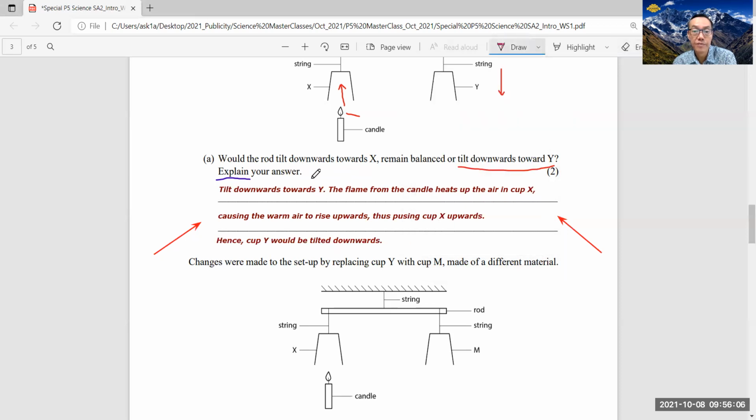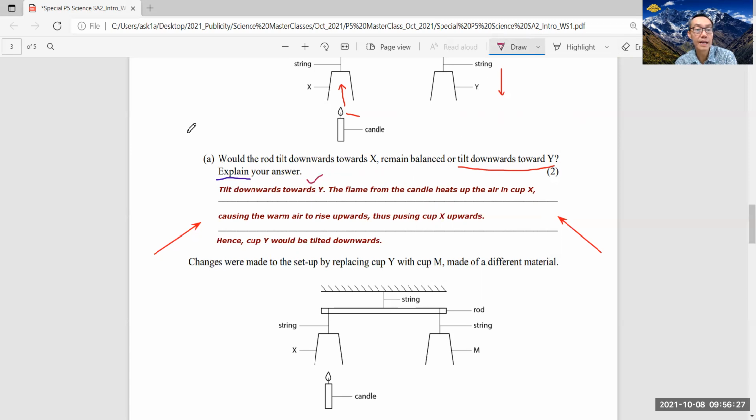You take note. Firstly, you must name the correct cup. You must name the correct response because there are three choices. Okay, so either is towards X, remain the same, or tilt downwards. So you have to put this one, tilt downwards towards Y. Then in the explanation you must mention the flame, right?